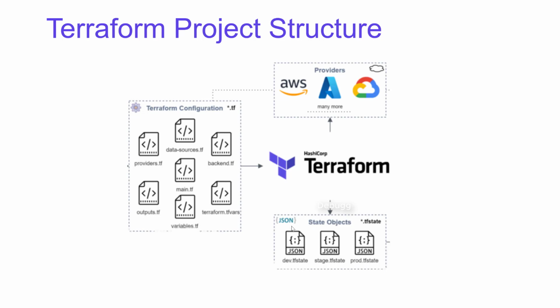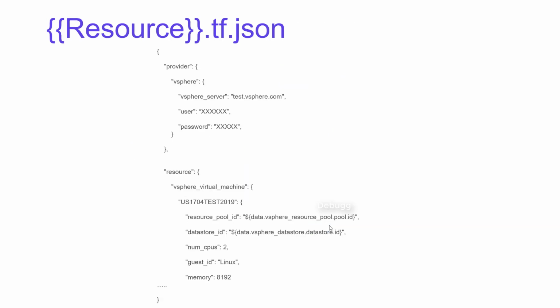And Terraform, as I said before, keeps a log of what it does. How does it do that? It uses state objects. It creates a .terraform directory and stores the state in a .tfstate file. This is an example of a Terraform file written in JSON format. We have both options, writing it in .tf and also in .json format.